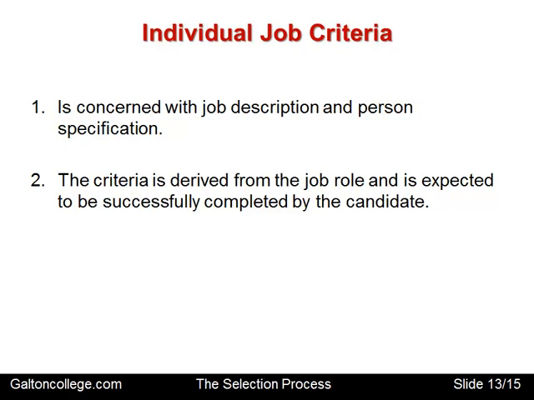So the job specification lists the tasks and the skills that the person should have. The tasks to be completed, I should say, and the skills that the person should have.